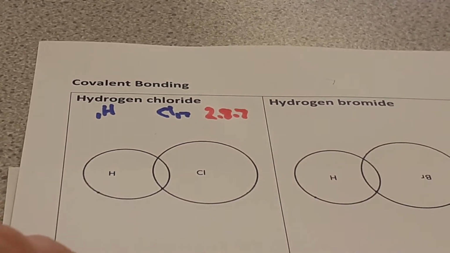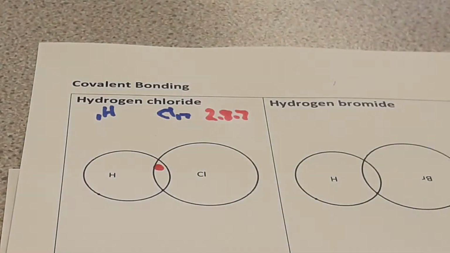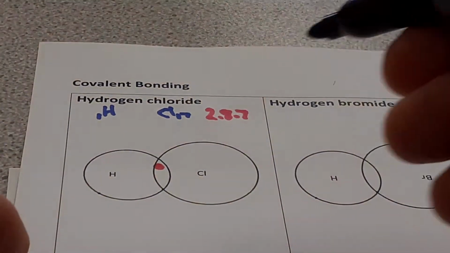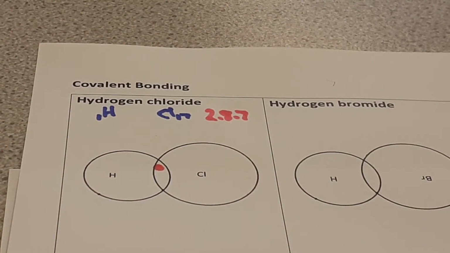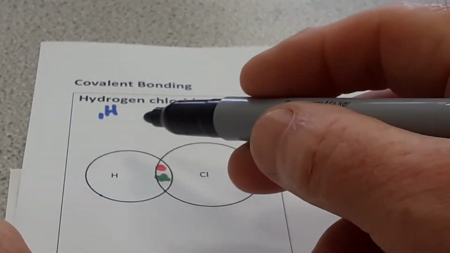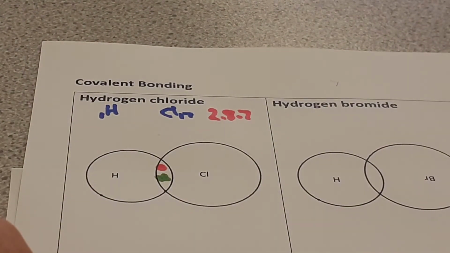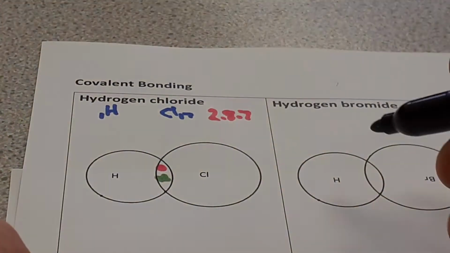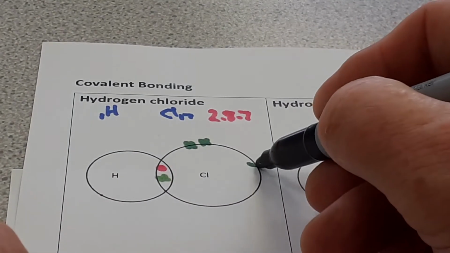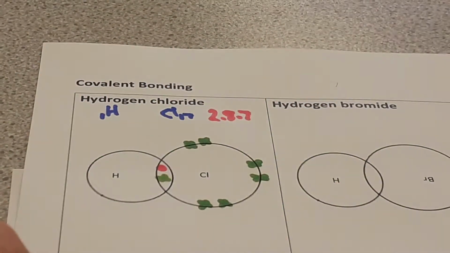So, if we take 1 electron from each, so there's your hydrogens. Here's your chlorine, and notice I'm doing dot and cross. The shared electrons go in the overlap there. So all the hydrogen electrons are used, and chlorines, we've got 7. 2, 3, 4, 5, 6, 7.